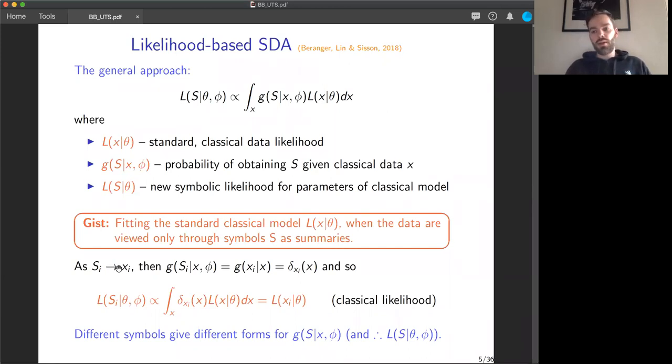In this way, collapsing my symbol into points, I can reduce my symbolic likelihood into the classical likelihood. So there are always some checks that we can do in the models that we develop, to check that we can recover the classical result that we would usually obtain.